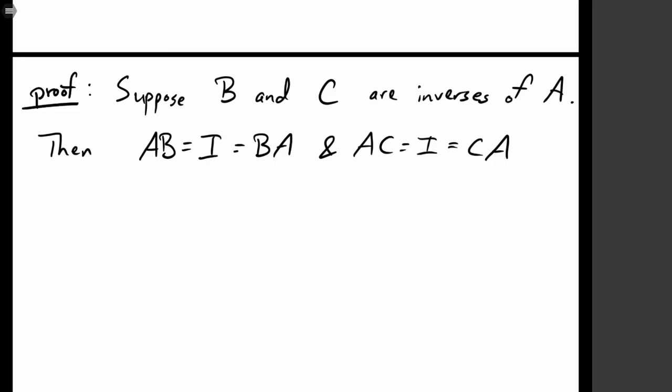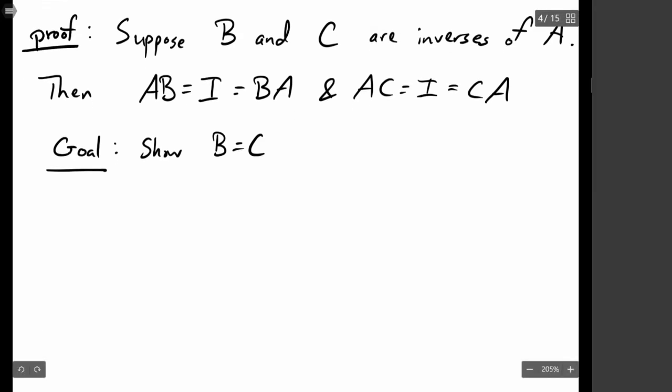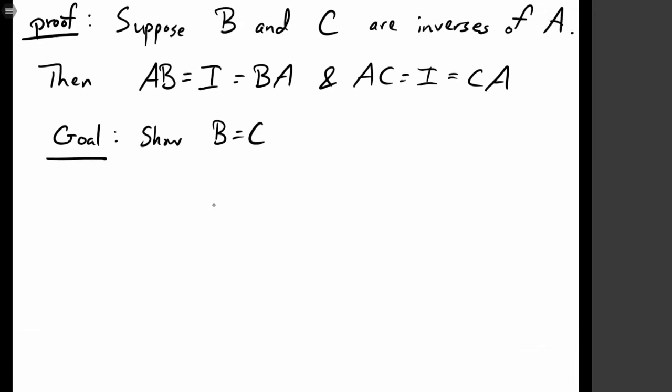Well, we're trying to show that the inverse is unique, meaning that there's only one of them. So our goal is to show B must equal C. Because if we say we have two different inverses, they actually have to be the same. So what we're going to do is start with A times B is equal to the identity.